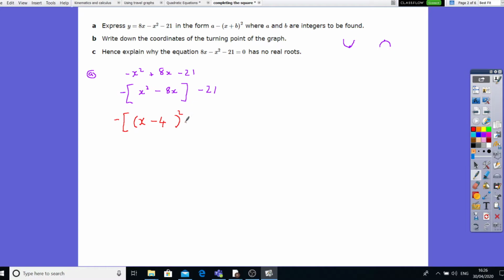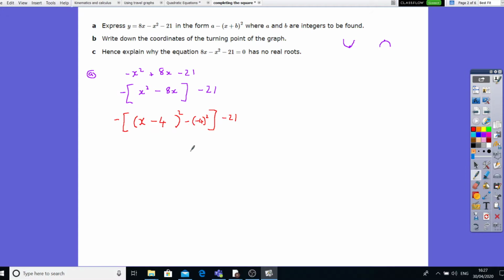And like I said in the previous question, you always take away whatever that number is squared. Let's close the bracket here, and then I'm going to put the minus 21 at the end.